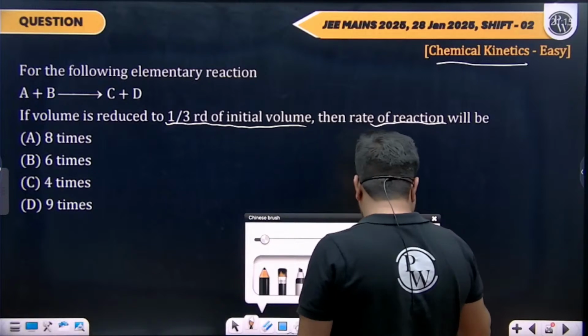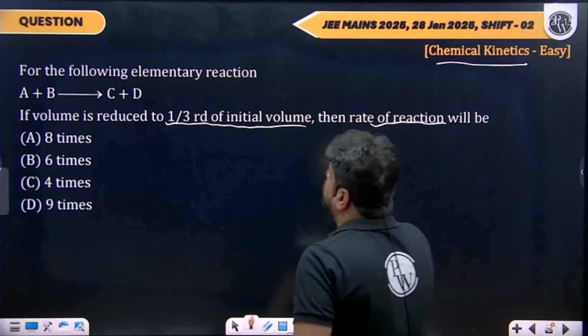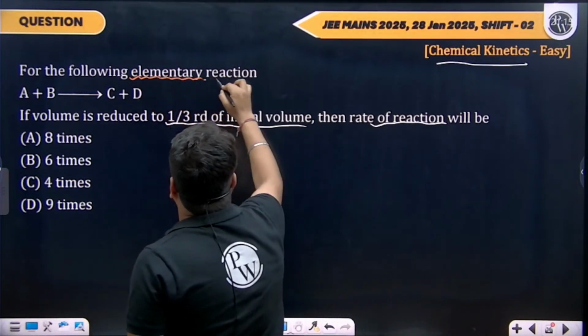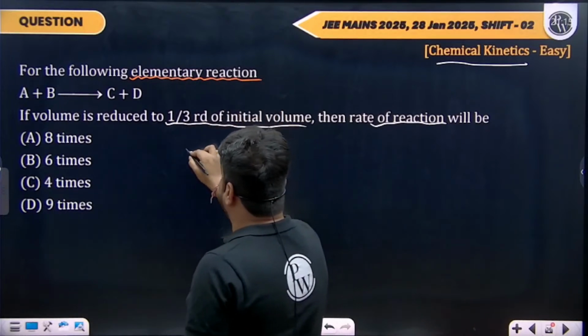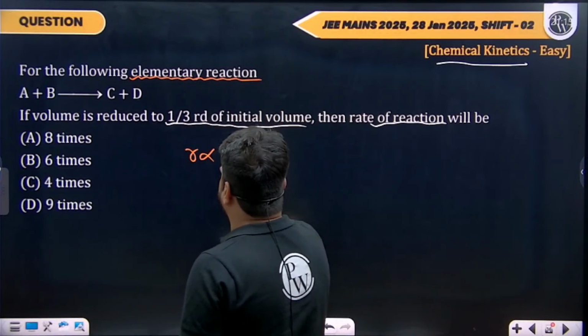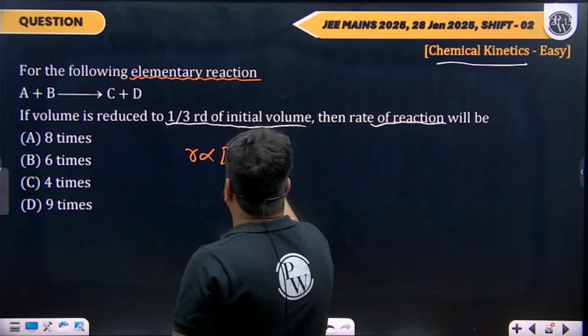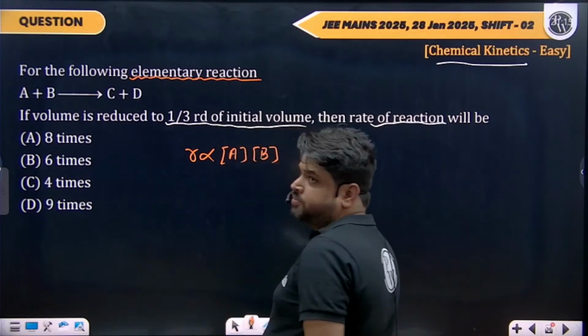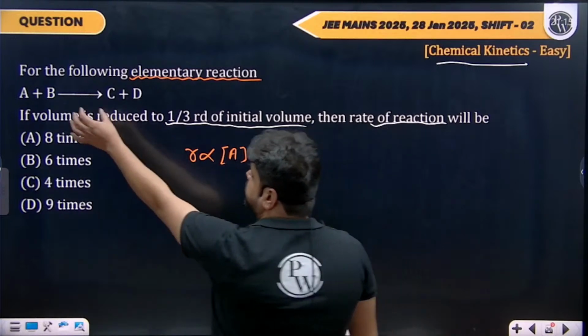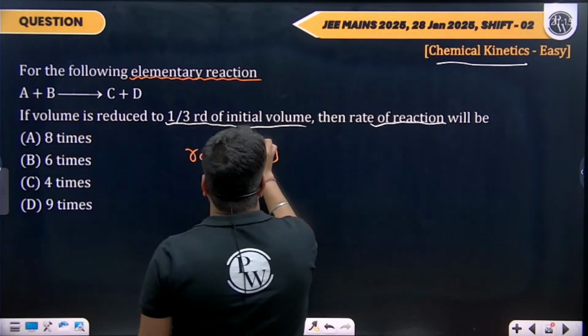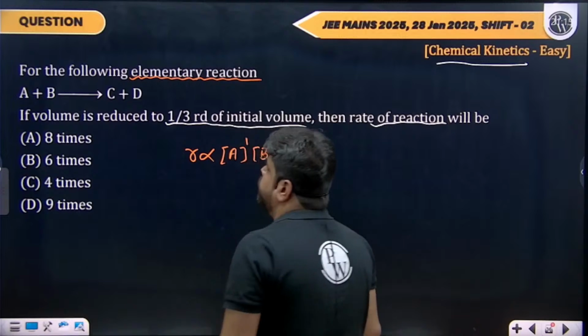In this question we are already given an elementary reaction. For an elementary reaction, rate is directly proportional to the molar concentration of reactant, and the stoichiometric coefficient of reactant will be raised in the power.